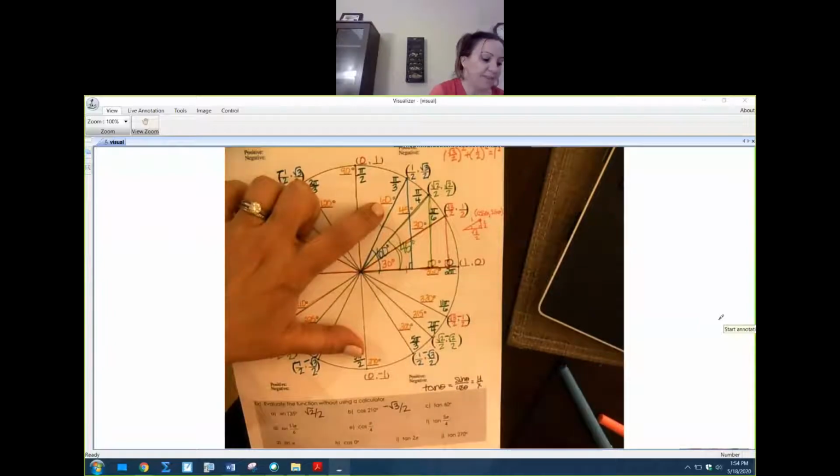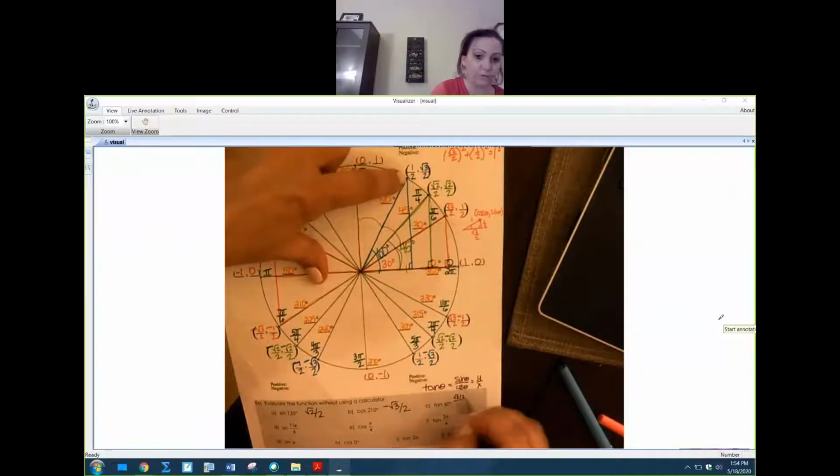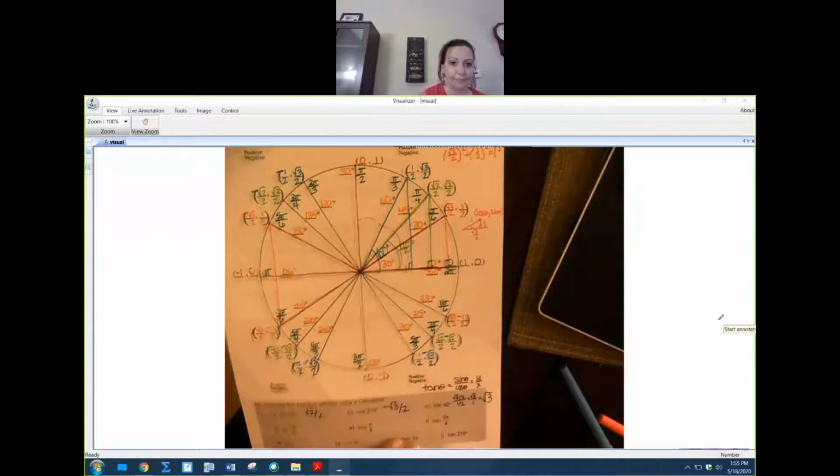So to find the tangent of 60, we take root 3 over 2 divided by 1 over 2. Do you see how these are both over 2? Those 2s cancel, and then you're just left with root 3 over 1. And we're not going to leave it as root 3 over 1. We would just have that as root 3. Okay.